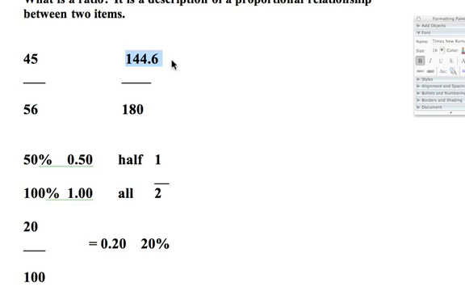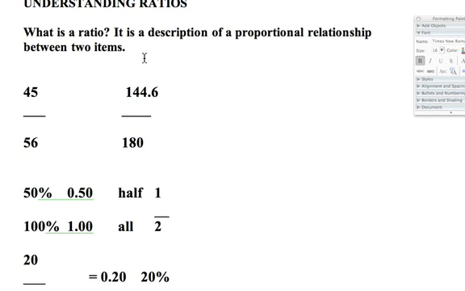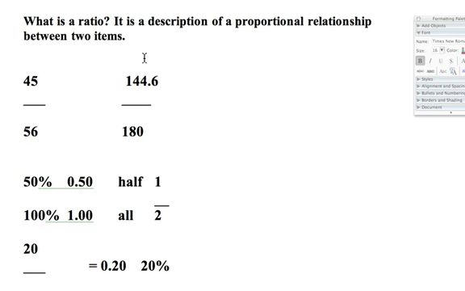When you don't have the answer, cross multiply the two numbers that are there diagonally, and then divide by the other, and you will get the answer you seek. Ratios describe relationships between numbers in a proportional sense.